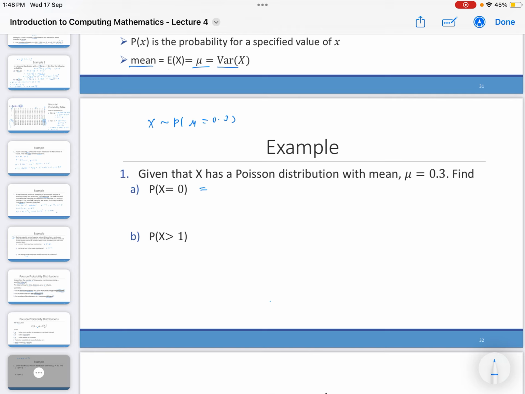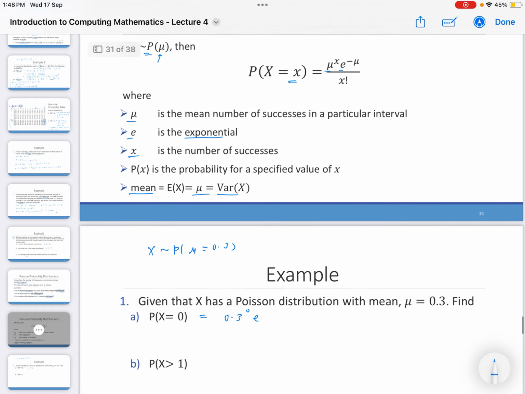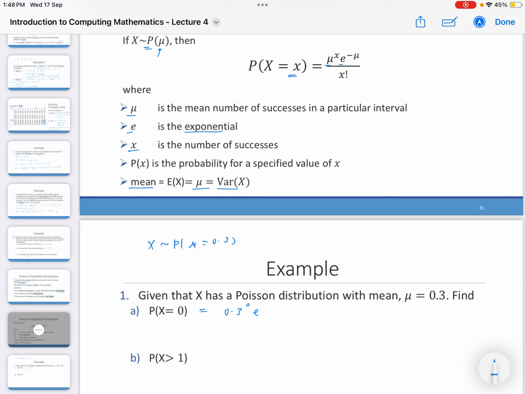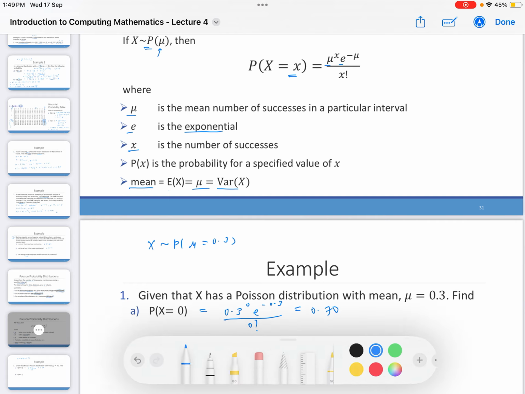We use the formula: probability of X equals 0 equals mean to the power of X, times e to the power of negative mean, negative 0.3, divided by X factorial, so divided by 0 factorial. For this one, you can just use the calculator. The answer here is 0.7408.